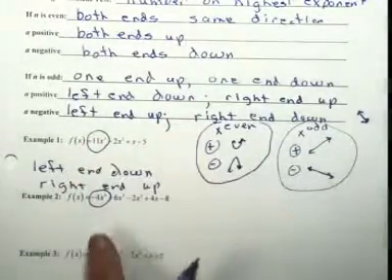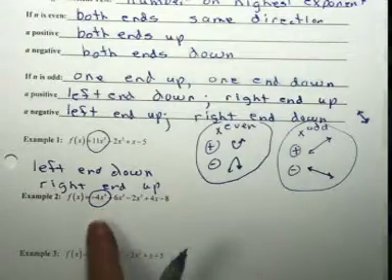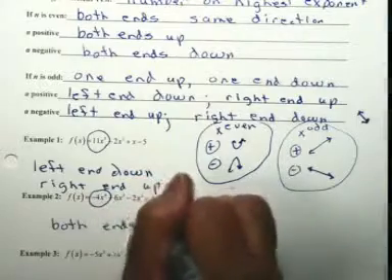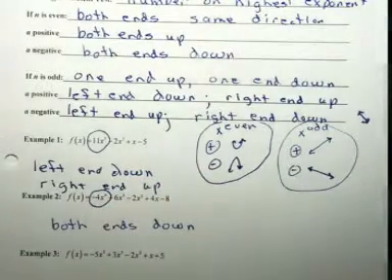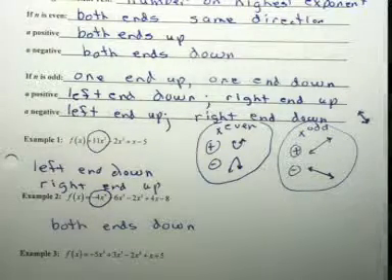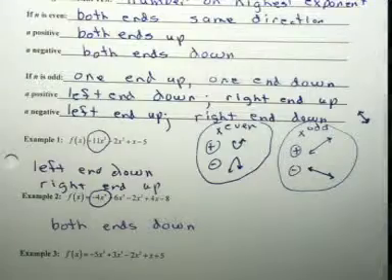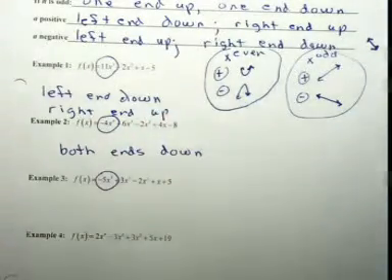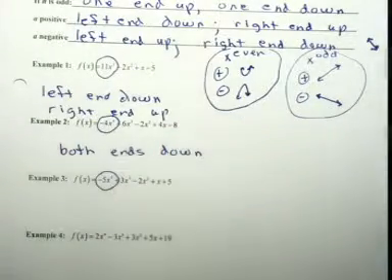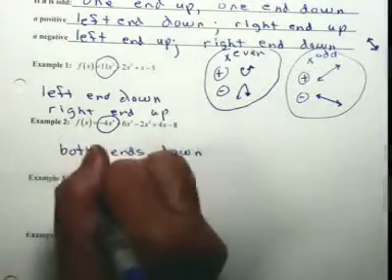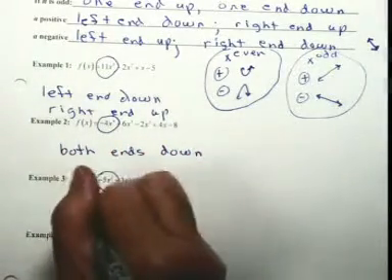Negative 4x to the fourth. Even says they're the same, but negative says both ends what? Down. Even says they're the same, negative says both ends down. Next, odd says they're different. And by odd, I'm looking at this exponent, not the negative 5. I'm looking at the exponent. Odd says they're different, so I have to figure out what the left end does and what the right end does.